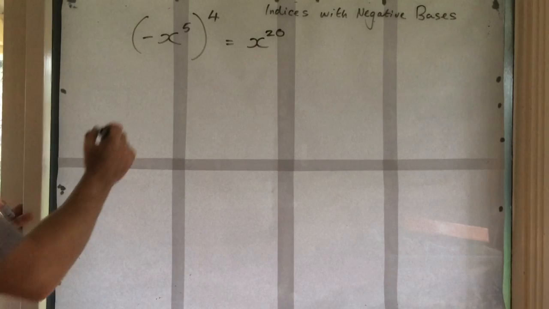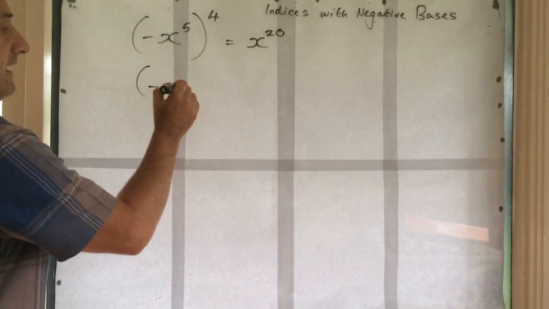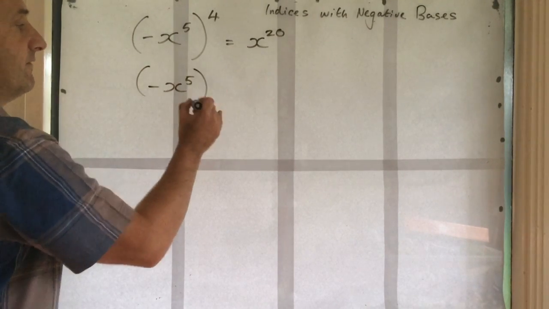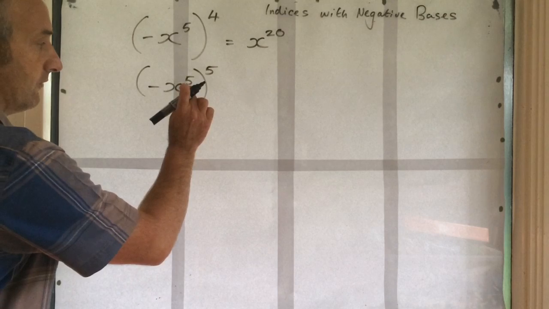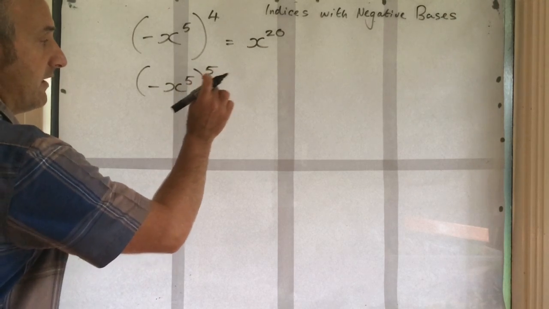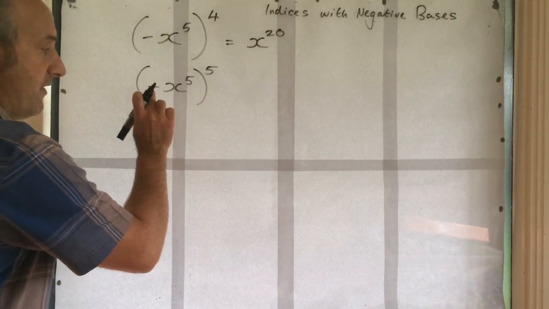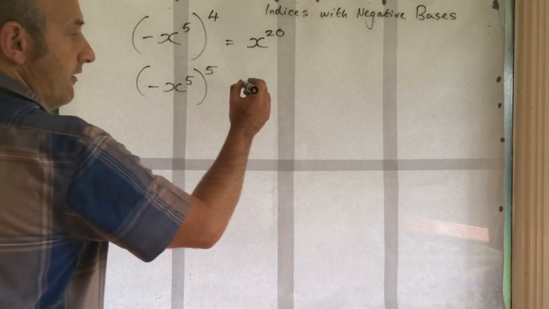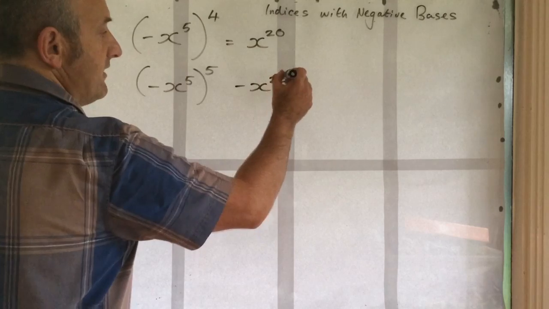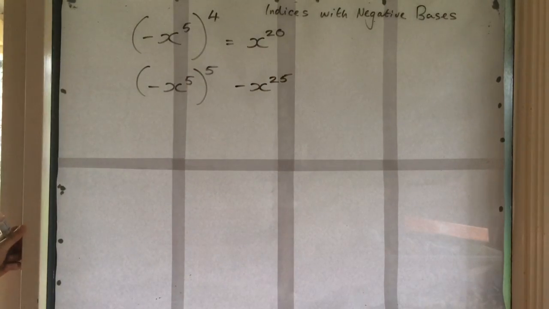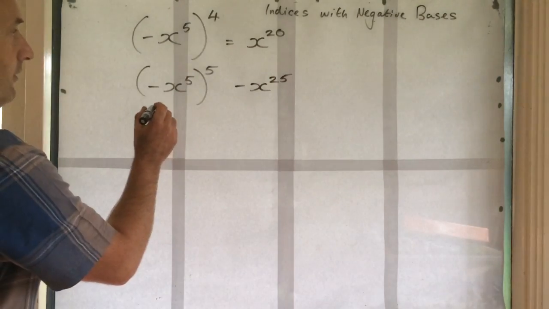Whereas if I go negative x to the 5, this time to the 5, I've got negative to the power of 5, so this is going to give me negative x to the 25. Can you see the difference here? Let's go with another one.